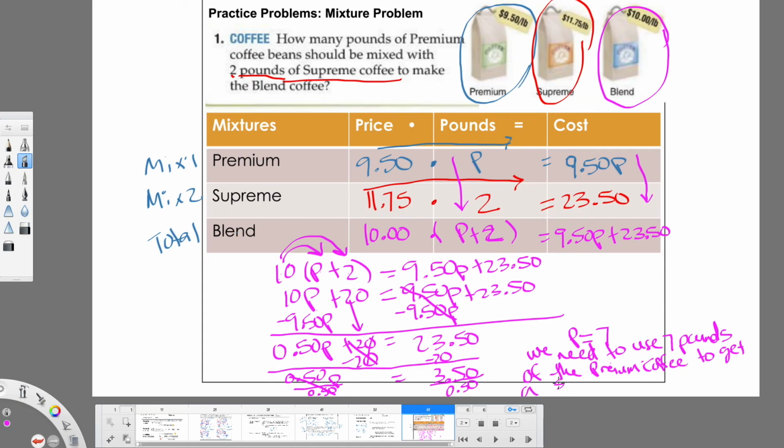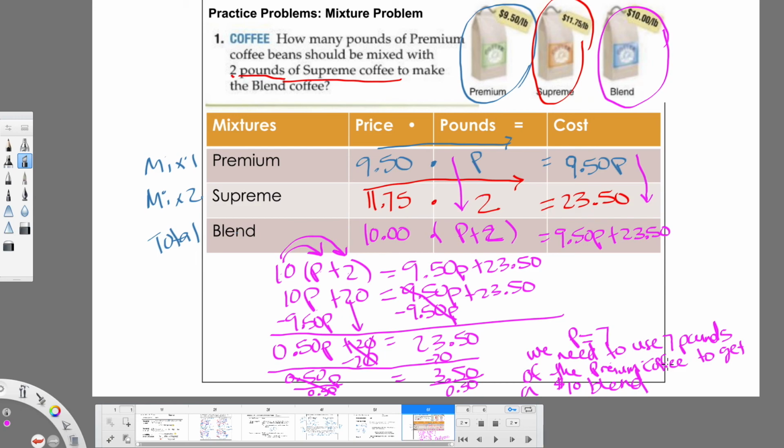And actually, I should even throw in here, oops, spelling blend wrong. Blend. And we should even say 7 pounds of the premium coffee with 2 pounds of the premium coffee to get a $10 blend mix. So we're just explaining, when we use the words there, what does this actually mean?